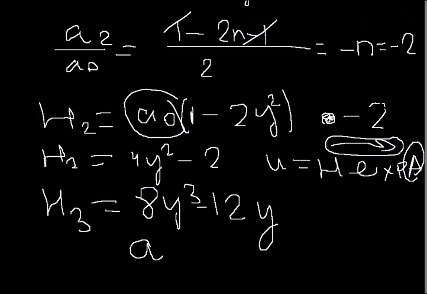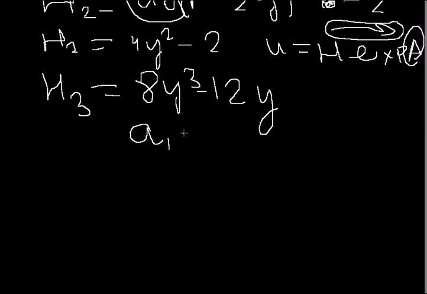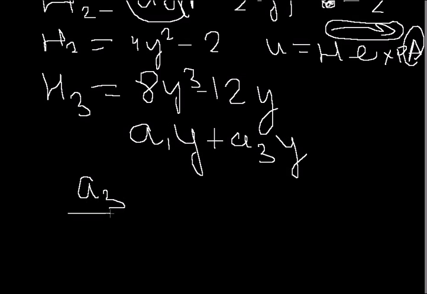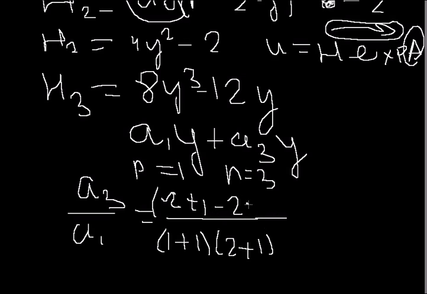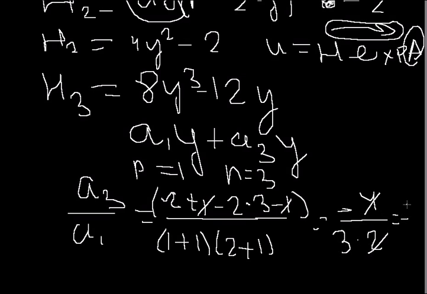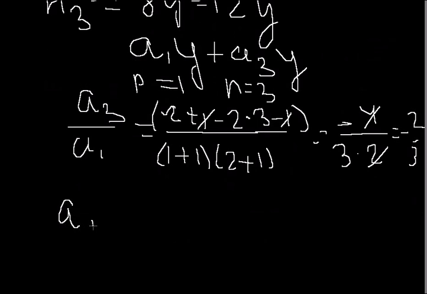Let's write it to find the connection between a1 plus a3, a1. p equals 1, n equals 3, 1 plus 1, 2 plus 1, 2 plus 1 minus 2 multiplication 3 minus 1 minus 4, 3, 2 minus 2, 3, and a1, a3 equals a1 minus 2 divided by 3.